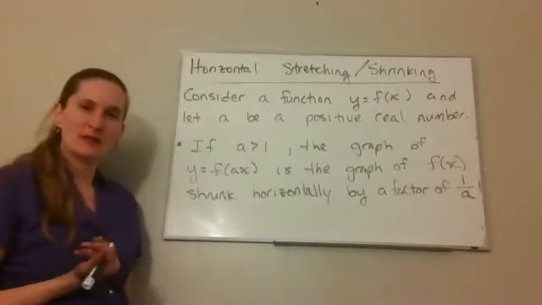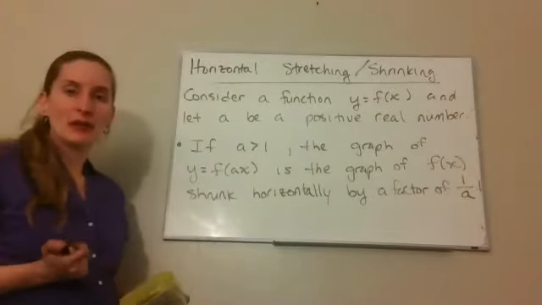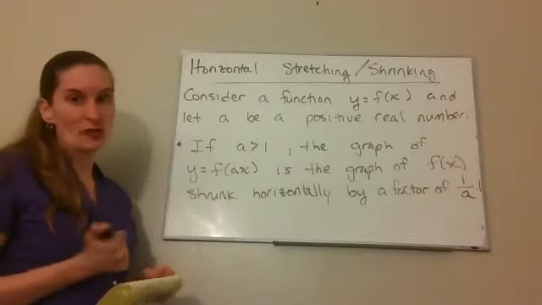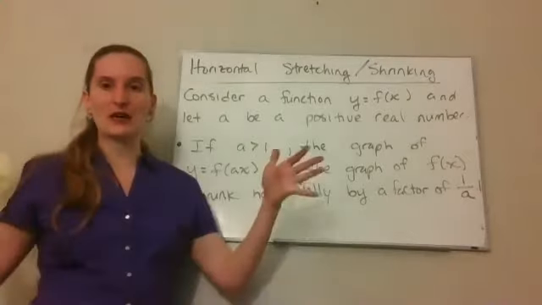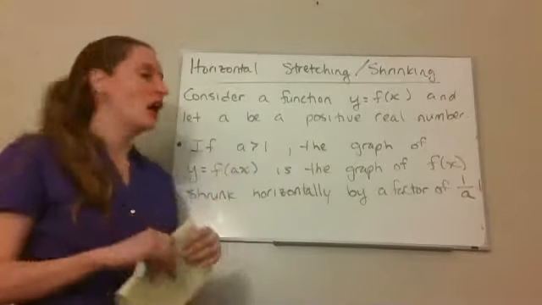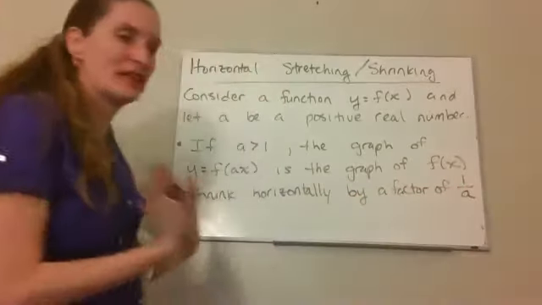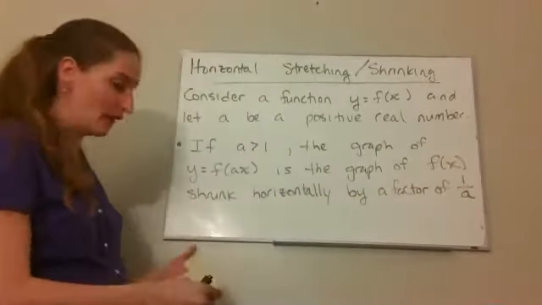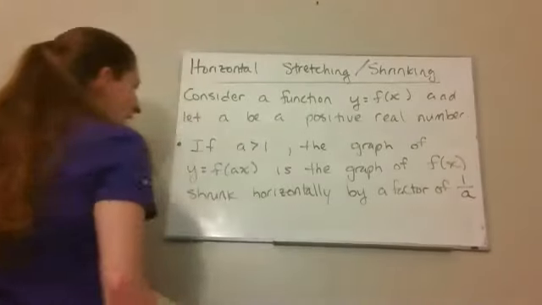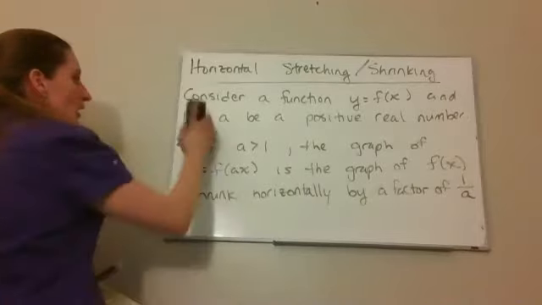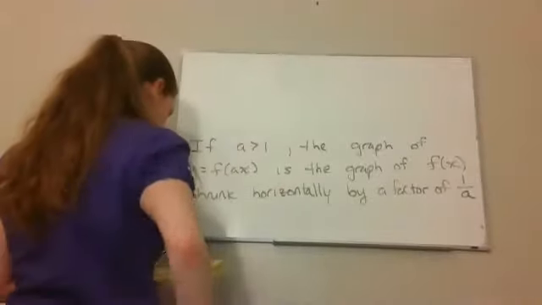So this one might feel a little weird after doing the vertical ones, because this time if our a is bigger than 1, it doesn't stretch, it shrinks. It shrinks in the horizontal direction, which you can think of as taking your graph and smushing it in. It's by a factor of 1 over a rather than a, so we're going to be dividing by an a somewhere in this. And very similarly, if our a happens to be between 0 and 1, we're going to get a stretch horizontally.